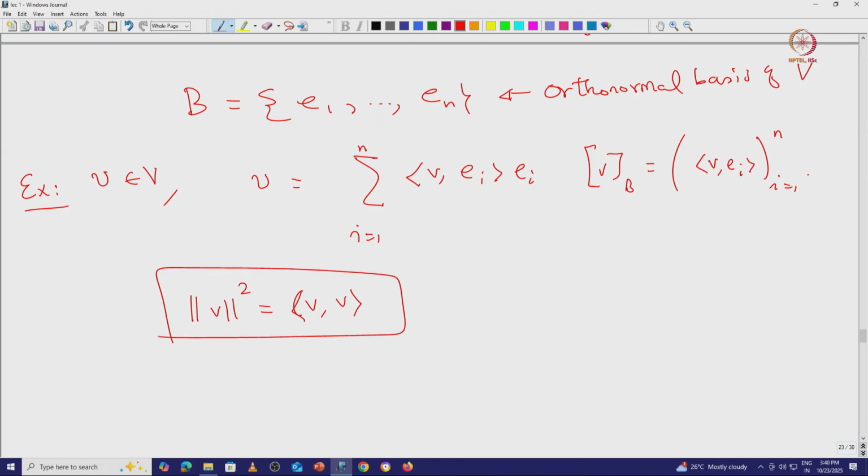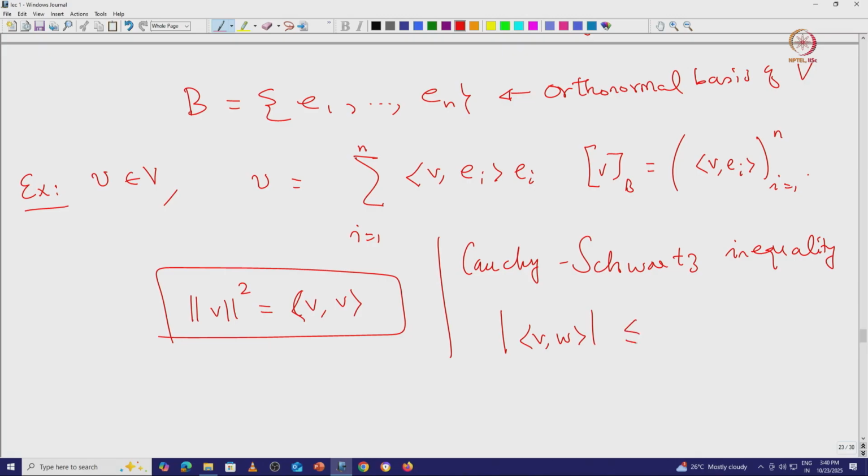Then with respect to the norm and inner product, we have the Cauchy-Schwarz inequality, which says the absolute value of the inner product of two vectors is at most the product of the norms of those vectors.